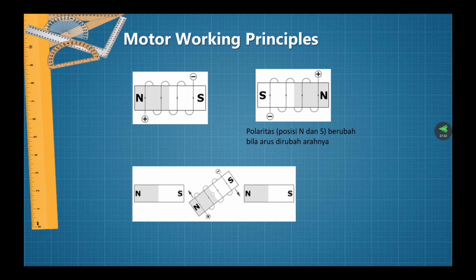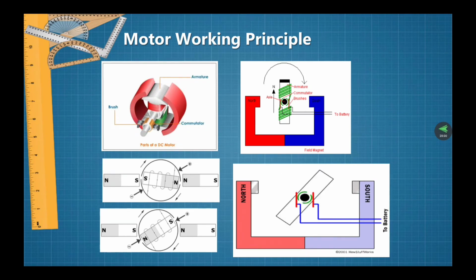They use the polarity of north and south that changes when the direction of the current is changed. And we can see this is the illustration of the motor, in this case a DC motor.